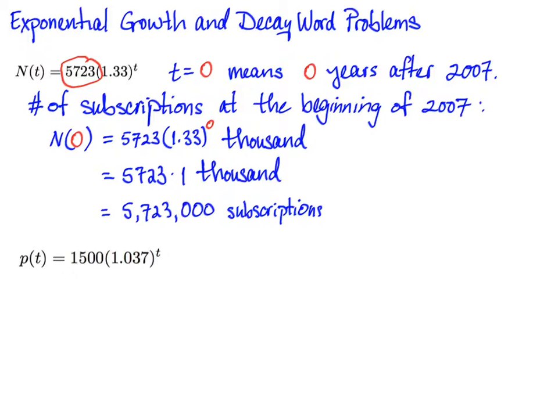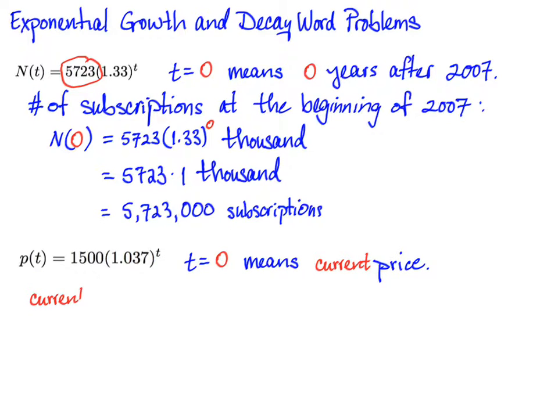And if we wanted to know the current price of the item, we would just plug in, again, t equals 0, because the current price means it's 0 years from today.